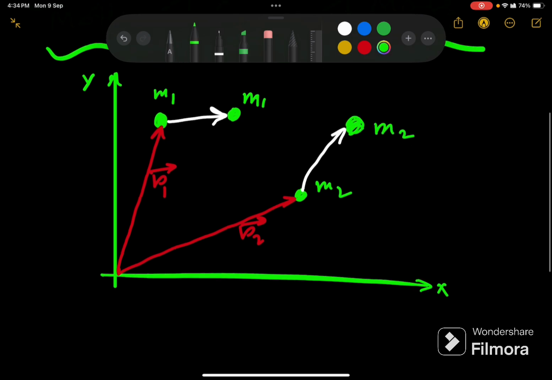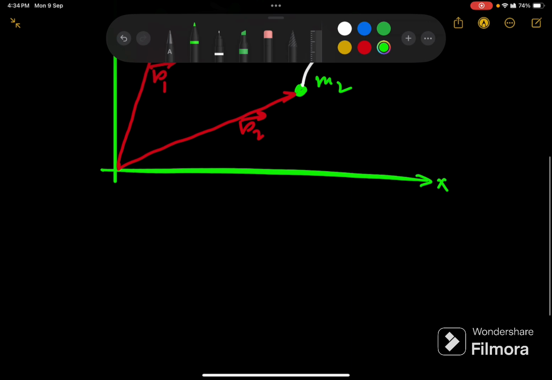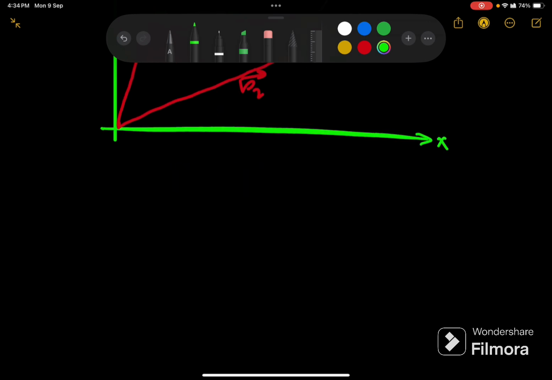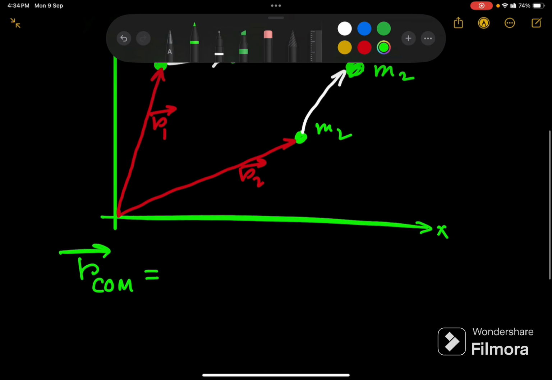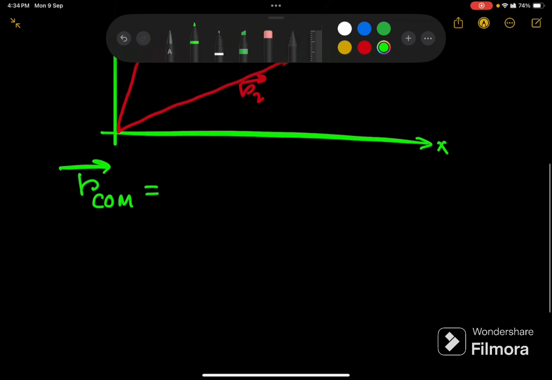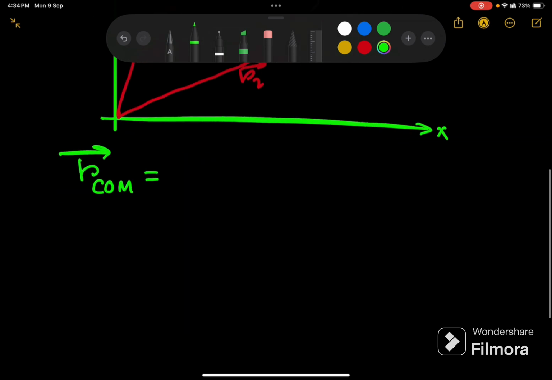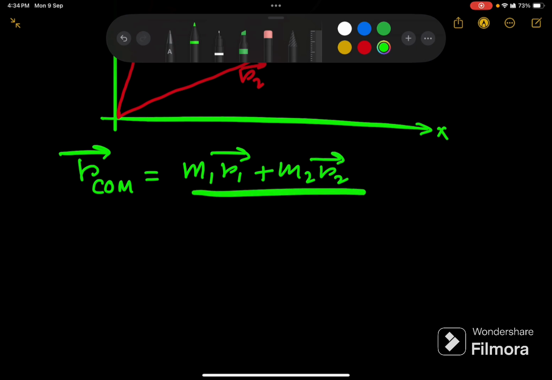m2. So let me first talk about the initial. What was the initial thing we're doing? The r vector of center of mass, the coordinates of center of mass in the xy plane, is m1 r1 vector plus m2 r2 vector by m1 plus m2.